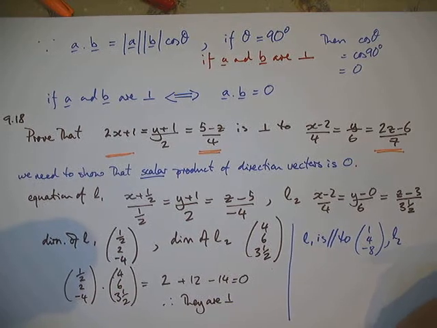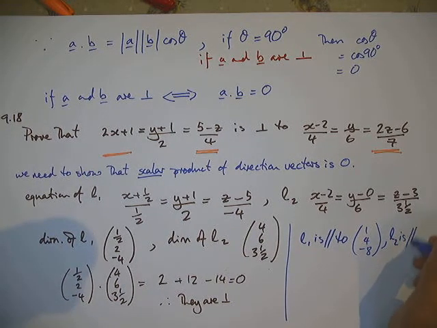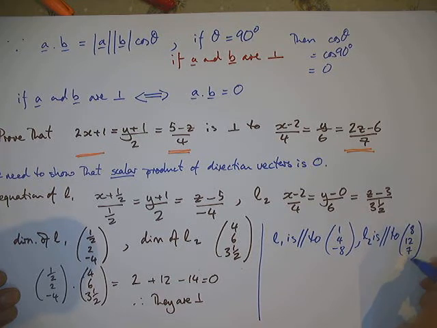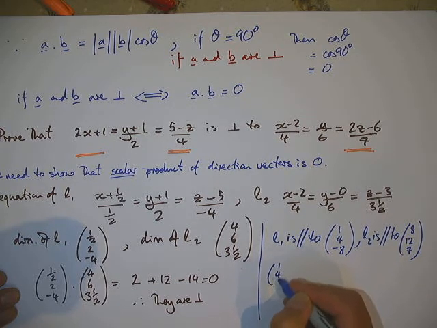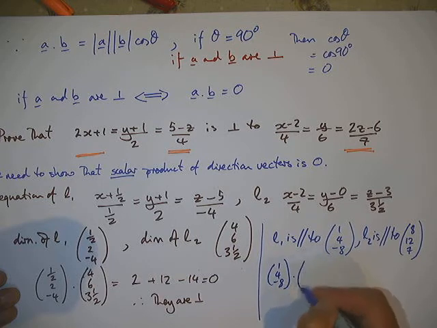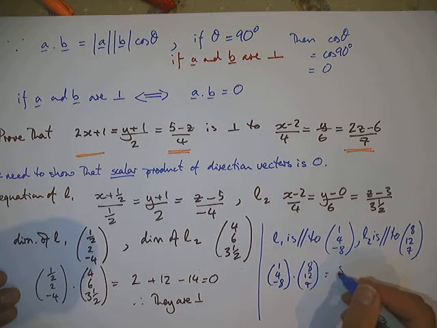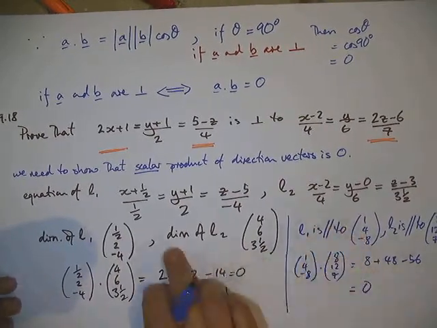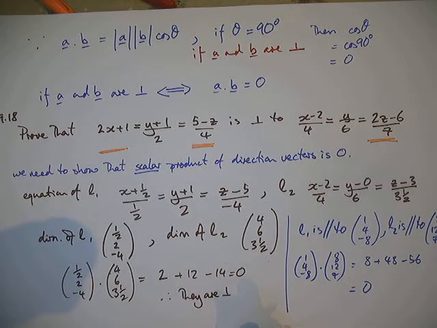L2 is parallel to double all those: (8, 12, 7). (1, 4, -8) dotted with (8, 12, 7) is 8 plus 48 take 56, equals 0. You can work with any multiple of the direction vector.